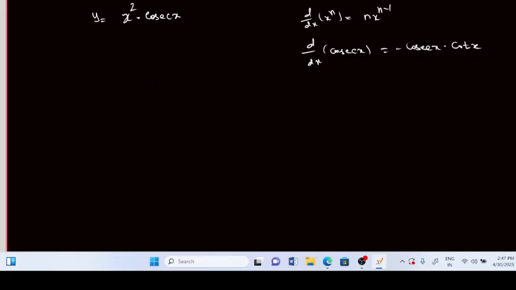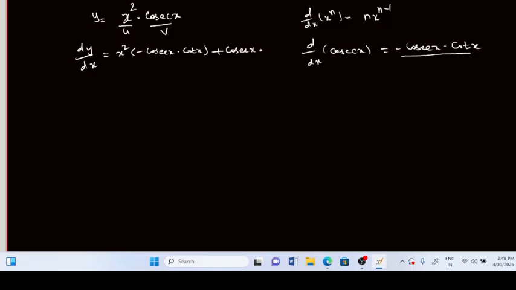So we substitute here. I am differentiating y with respect to x. This is u, this is v. First we write u as it is. Differentiation of cosecant x is minus cosecant x into cot x. Plus we write the v as it is, cosecant x.